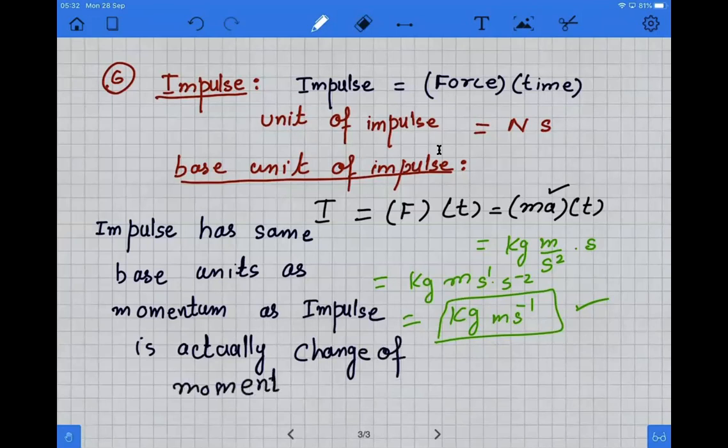An impulse is a vector quantity. Change of a vector is always a vector, and a quantity and its change have the same base units.